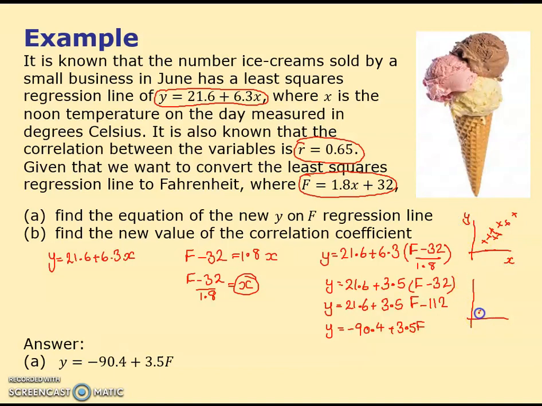The question is, what happens to the scatter graph if you change one of the variables? In this case, F has replaced the x, and y stayed the same. The answer is not a lot. So my answer is still 0.65. There's no change whatsoever to the correlation. Basically, the points are still in the same place relative to each other. They might be slightly stretched, but they're still in the same place.